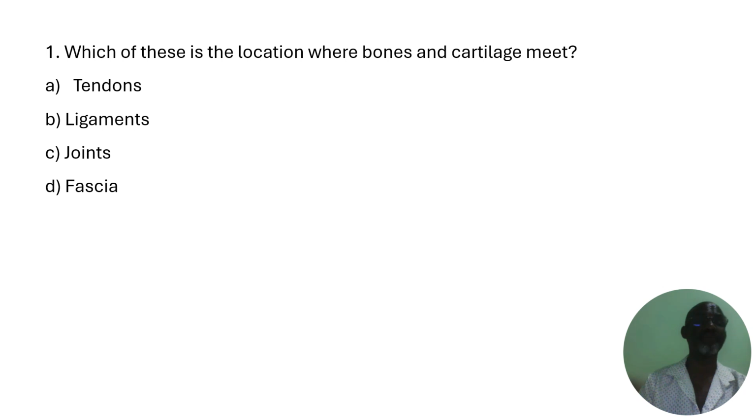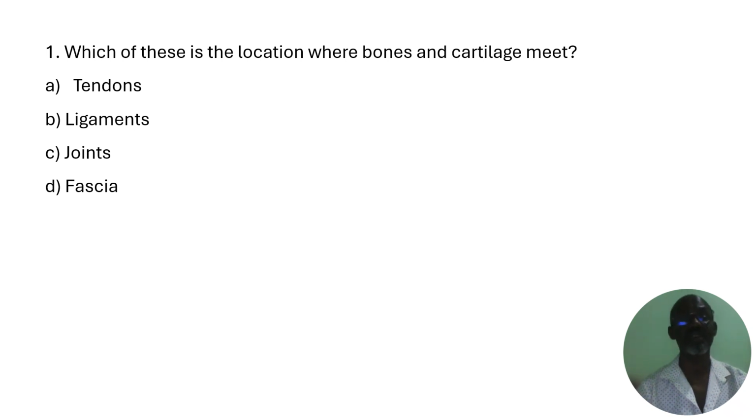Which of these is a location where bones and cartilage meet? A. Tendons. B. Ligaments. C. Joints. D. Fascia.